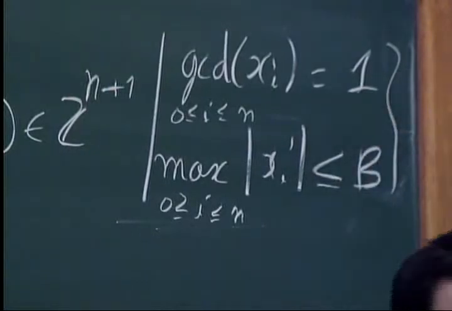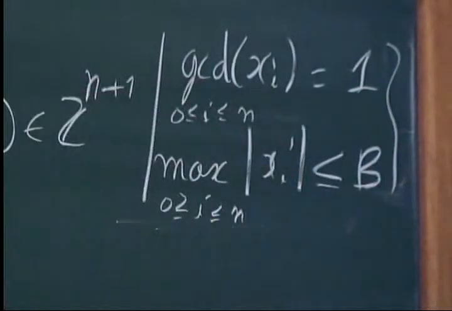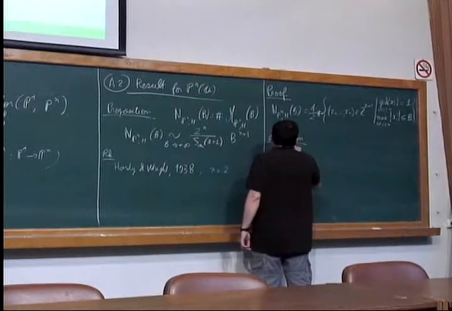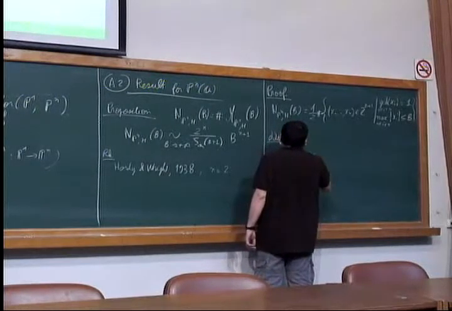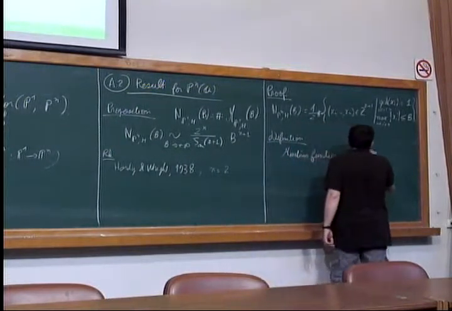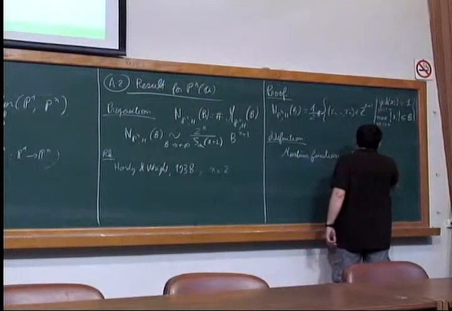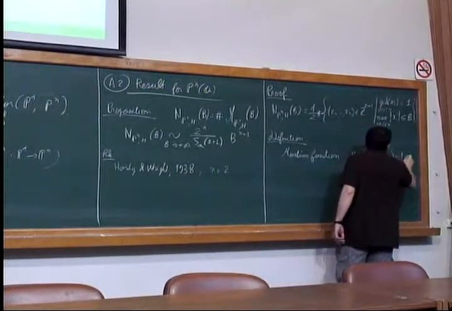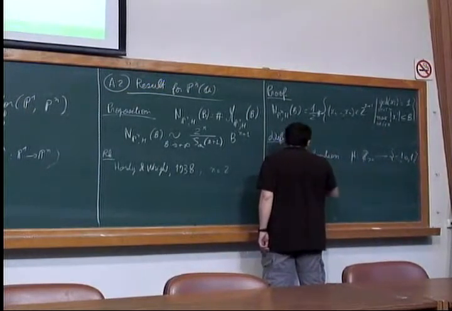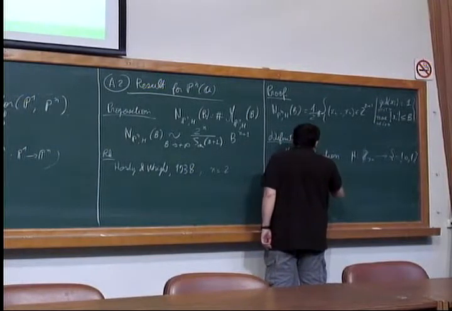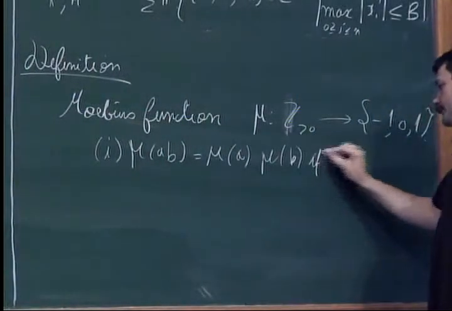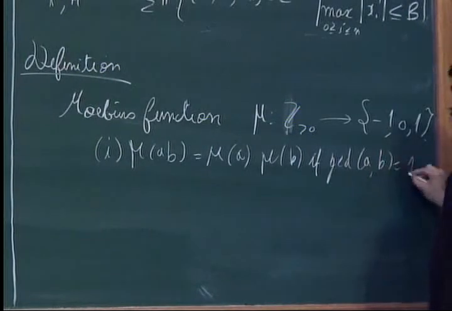So I want to remove the GCD condition from this, and for this I use the Möbius function, the usual Möbius function. So let me remind you that this is a map mu which goes from the strictly positive integers into -1, 0, and 1, and which is given by the following conditions. So first of all, one has that mu(AB) is equal to mu(A) times mu(B) if the GCD of A and B is equal to 1.